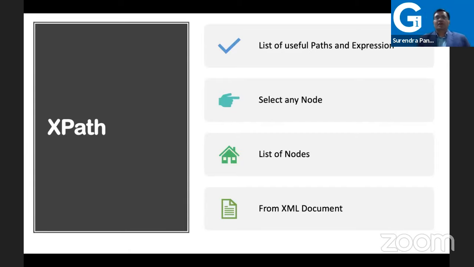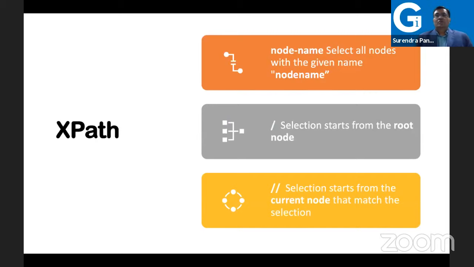As I say, what XPath allows you to do is access a specific node or list of nodes from the XML document. XPath includes the node name; it allows you to access a node simply by saying the node name. I will give an example of how you can access the node name. You can also access the root element, which we call slash, that is the root node.